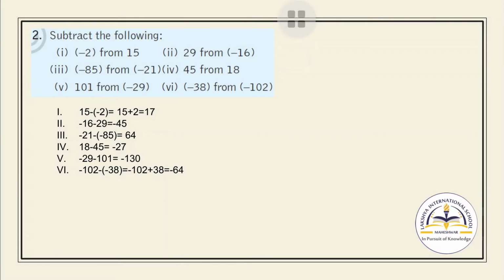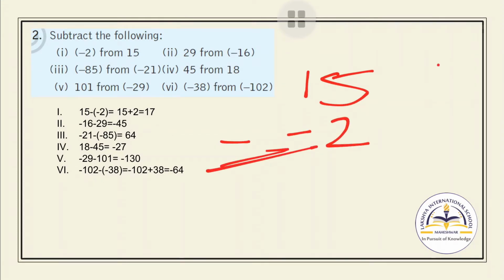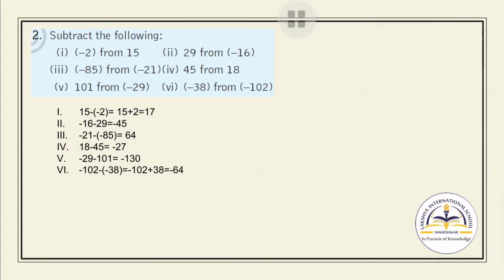Now question number 2. Subtract the following. Subtract minus 2 from 15. So 15 minus, what is the value? Minus 2, minus minus becomes plus. So 15 plus 2, that is 17, is the answer.